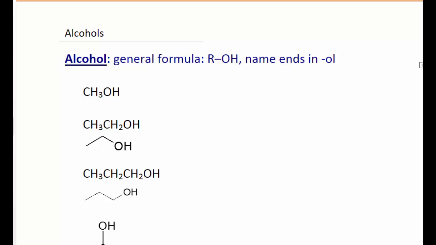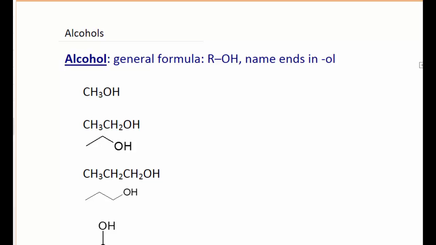So let's start with alcohol. ROH, so a hydrocarbon with an OH attached to it is an alcohol. The suffix for alcohols is ol, O-L. We're going to take the name of a hydrocarbon, essentially just replace the last E out of methane, ethane, propane, butane, whatever. We're going to replace that with ol to make an alcohol.